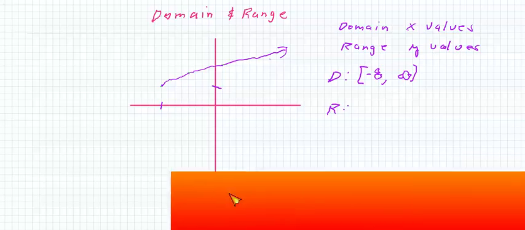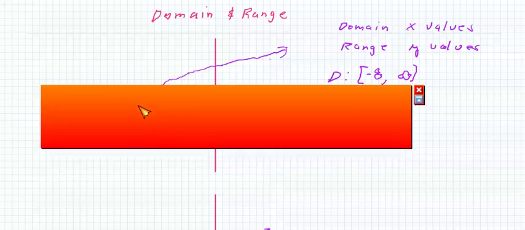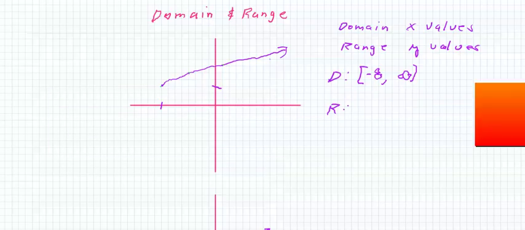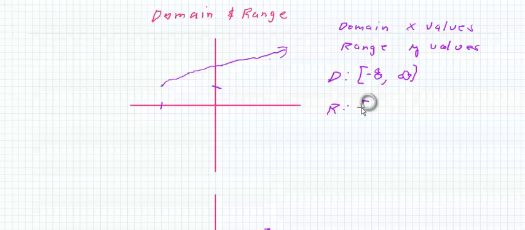Check that again. From right there up 1, 2, 3. So my range goes from positive 3, and it keeps going up and up and up to positive infinity.